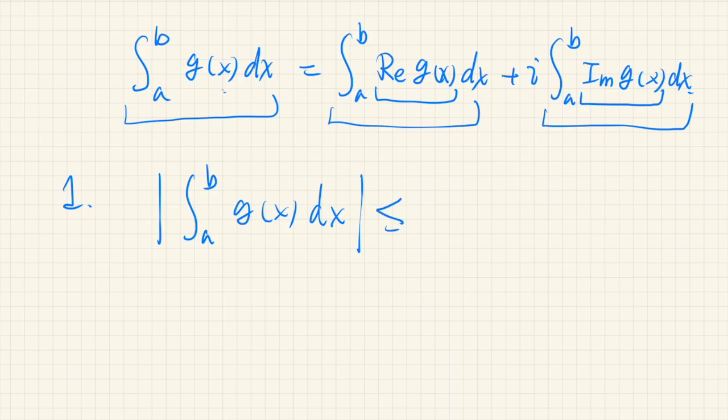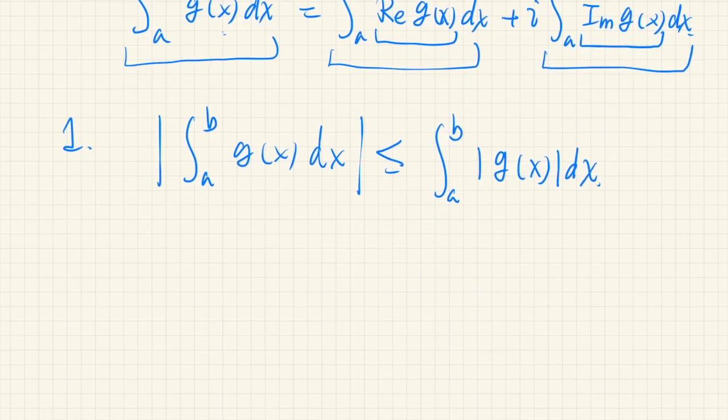So that is the square root of the sum of squares of the real part and the imaginary part. This is less than or equal to the integral of the modulus of the function. Okay, so this holds also for complex valued functions.